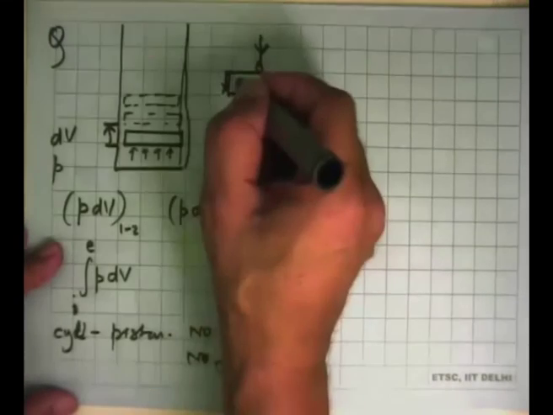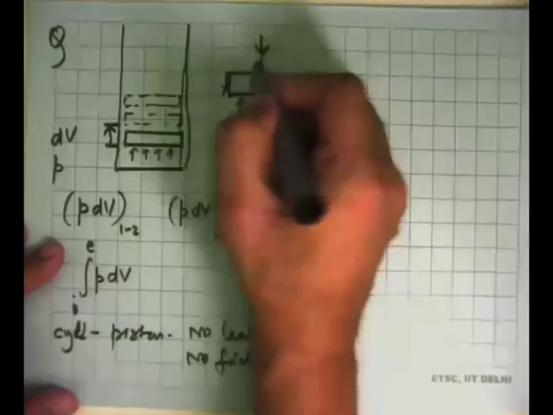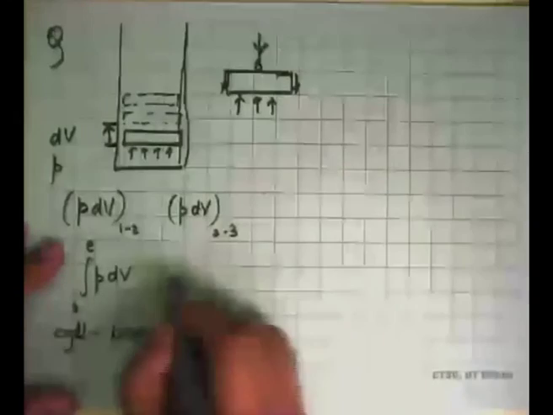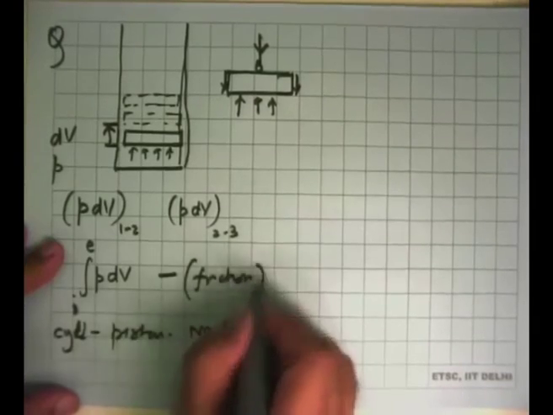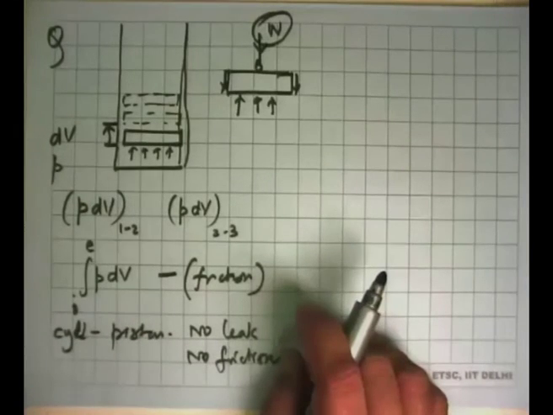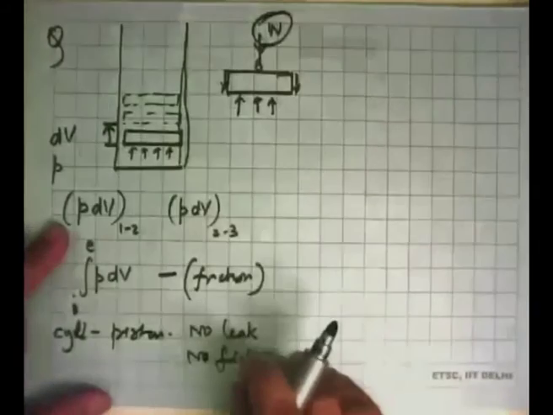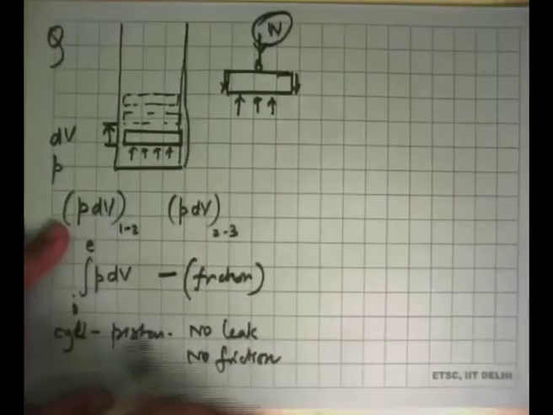So there will be a frictional work done by the piston, which is part of the work done by the system. So there's this work done, integral PdV, minus the friction work. This will be the work output of the piston. That's a different ballgame. We then go into dynamics and machine design and all of that. So that's not coming in over here. Okay. So that is integral PdV.